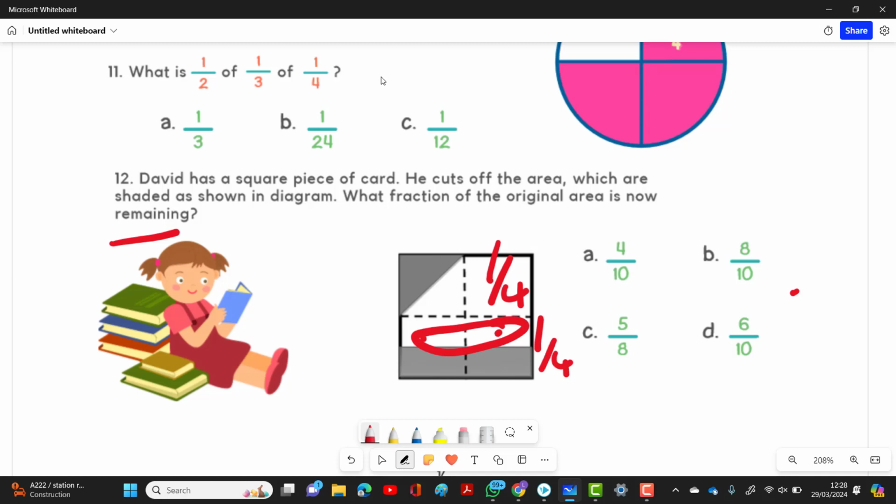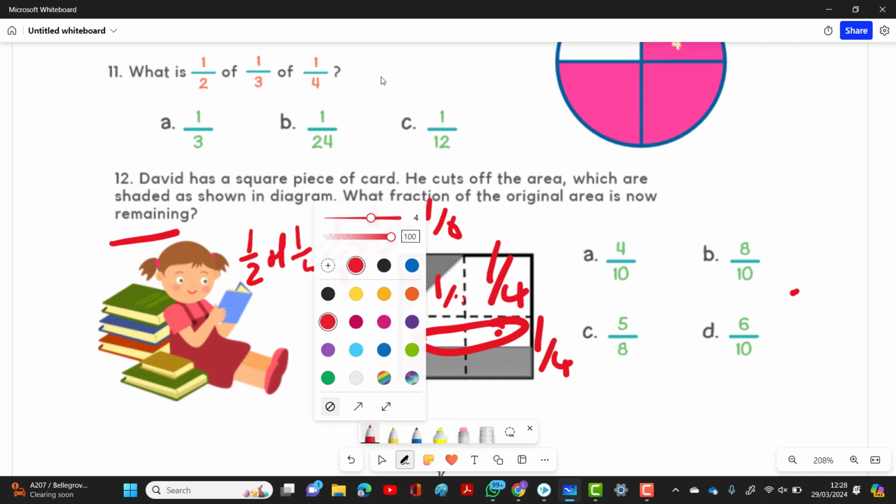And this is half of a quarter. So half times 1/4, which is 1/8. So this bit's 1/8. So we've got 1/4, add 1/4, add 1/8.